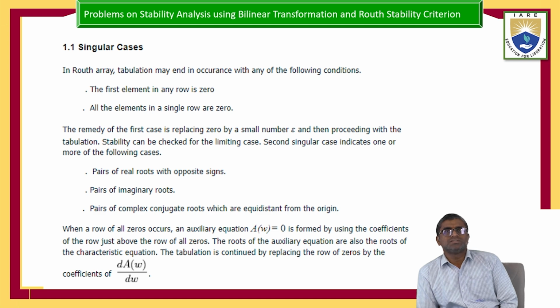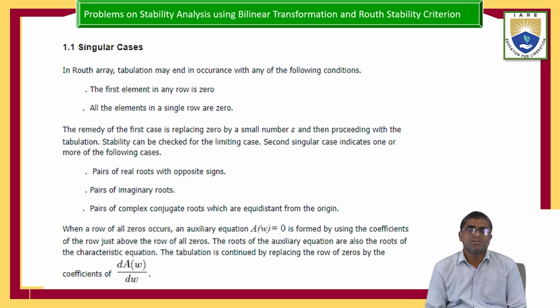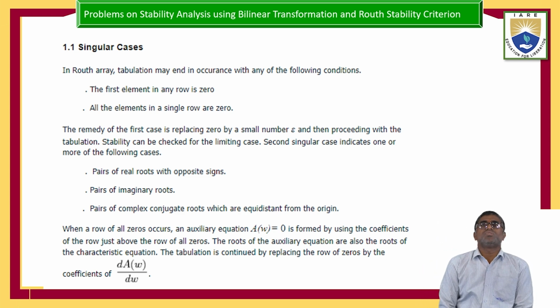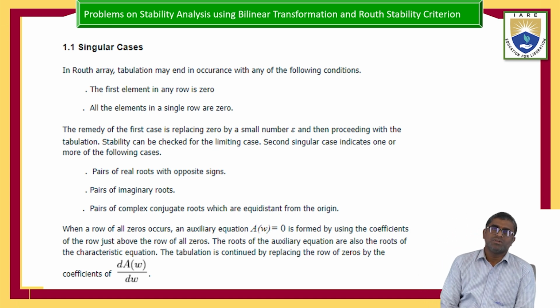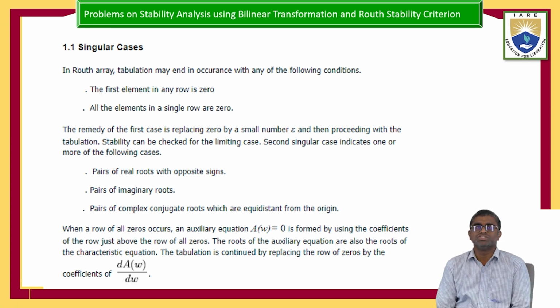Stability can be checked for the limiting cases. The second singular case indicates one or more of the following cases: pairs of real roots with opposite sign, pairs of imaginary roots, and pairs of complex conjugate roots which are equidistant from the origin.